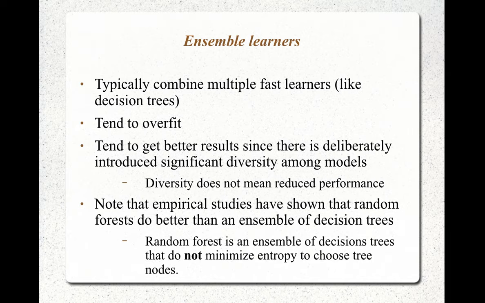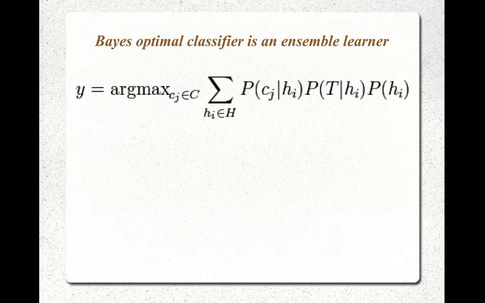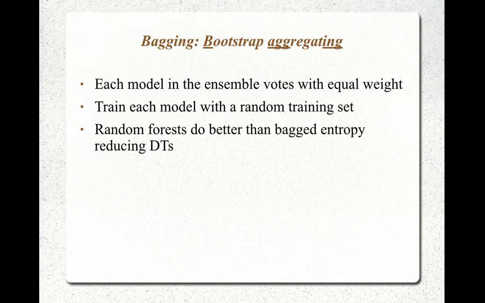So let's understand the Bayes optimal classifier. Here's the model for you. This equation shows the naive Bayes algorithm and the classifier based on the algorithm for the outcome value y.